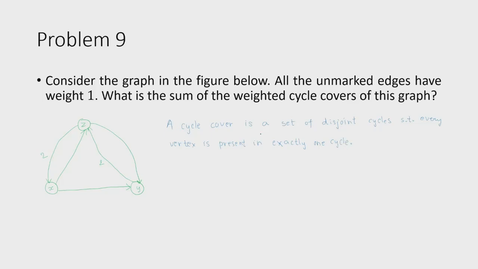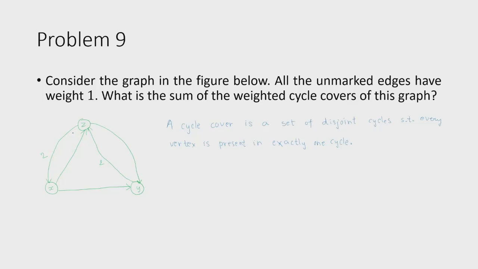And also recall that the weight of a cycle cover is just equal to the product of the weight of the cycles in it, and the weight of a cycle is equal to the product of the weight of the edges in it. Okay, so now let's list all the cycle covers in this graph.